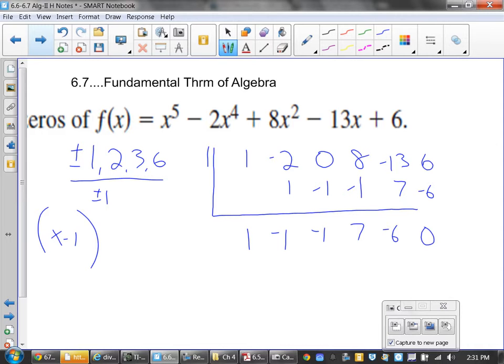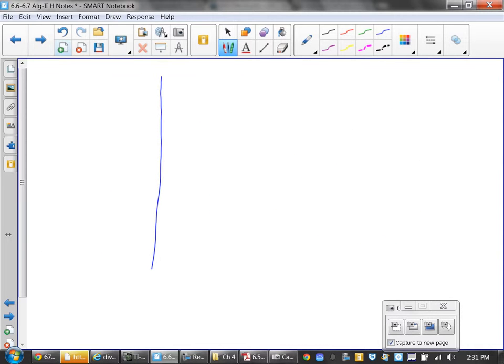Because you can have up to 5 zeros, does that mean all those numbers can be zeros? It's possible. But I also want you to think about this, and this is where we get to a little bit more of the messiness tomorrow. When you have a graph, thinking in terms of a quadratic, it can touch the x-axis twice, or it can touch it once.